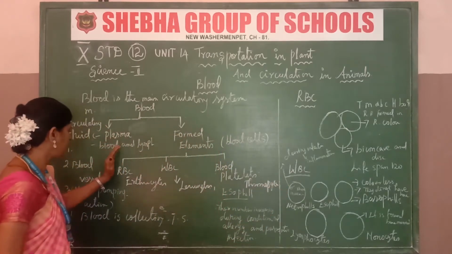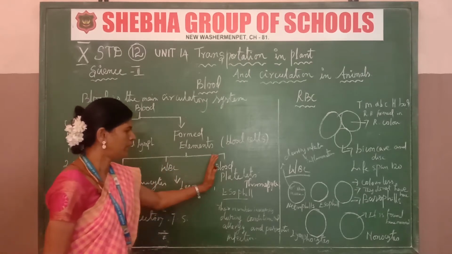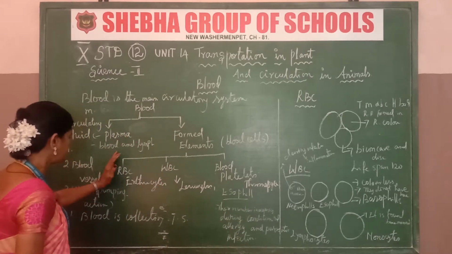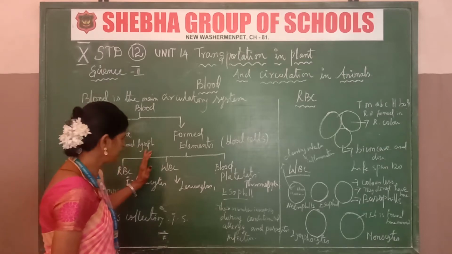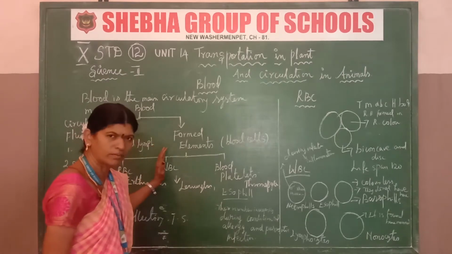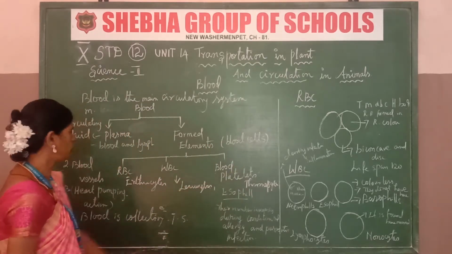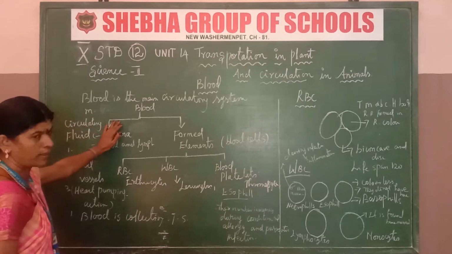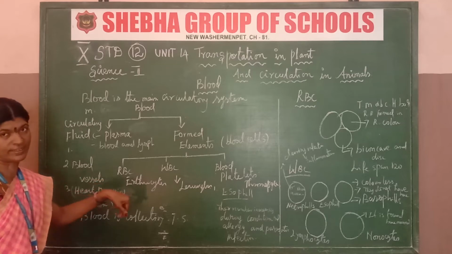The RBC is red blood corpuscles, WBC is white blood corpuscles, and blood platelets are called thrombocytes.